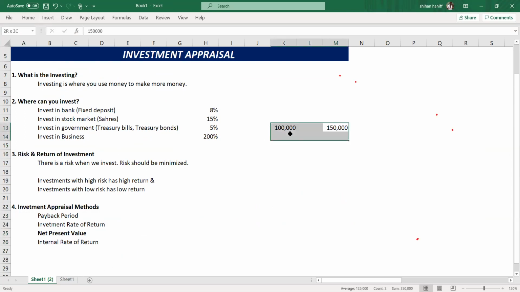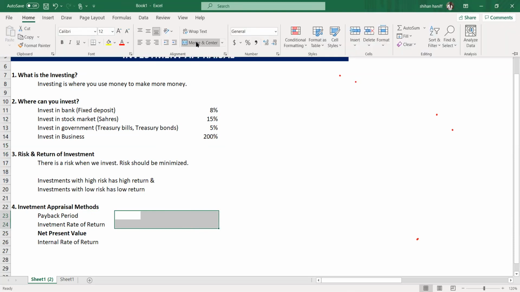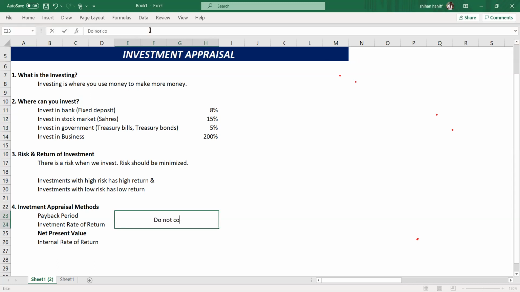Now let's learn one by one. And these first two methods do not consider the time value of money.